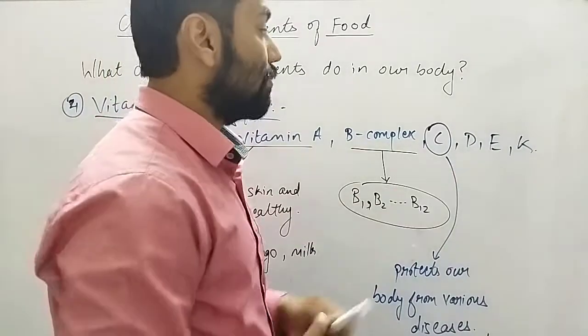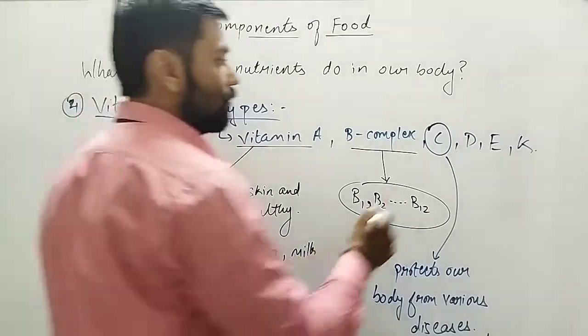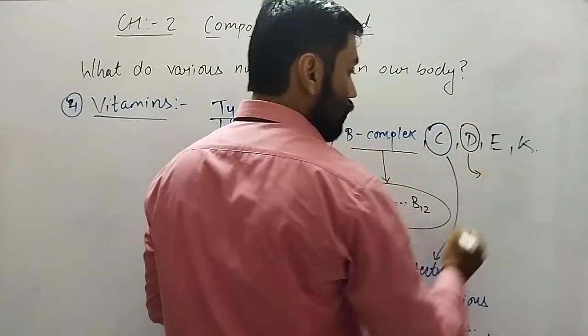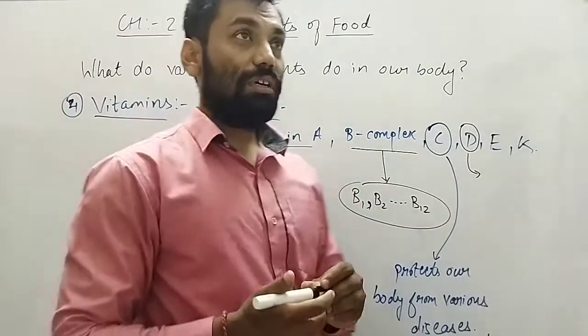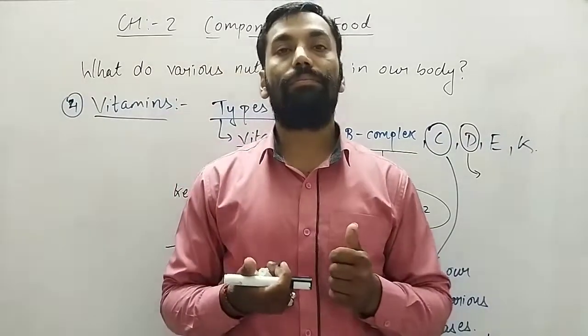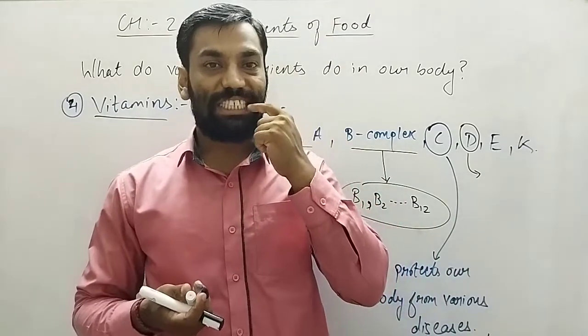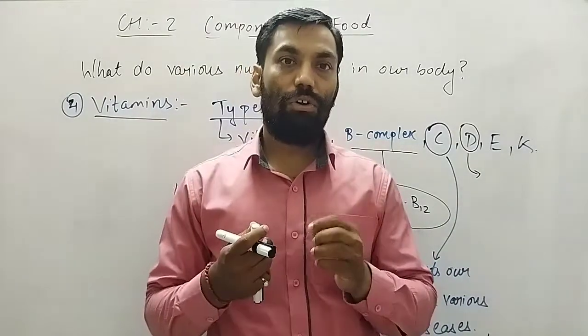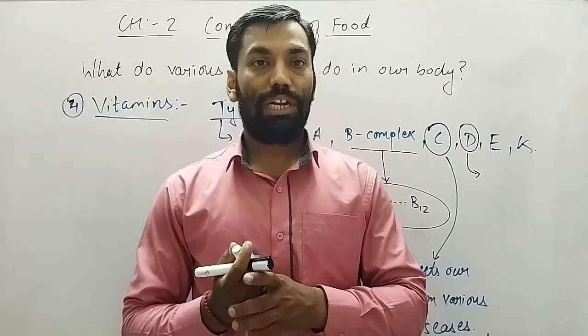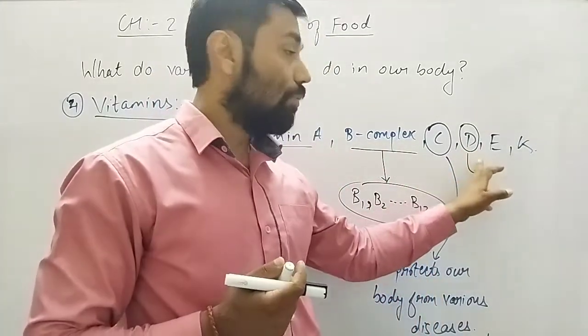Coming to the next, vitamin D. What does vitamin D do in our body? As we know, for healthy, strong bones we require calcium. For teeth also we require calcium. So what does vitamin D do?